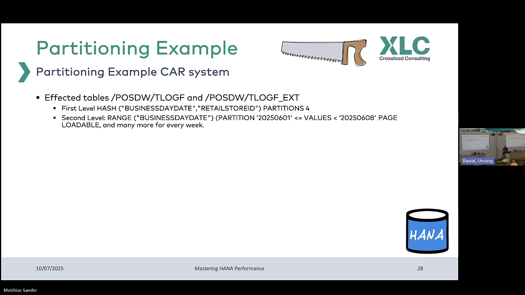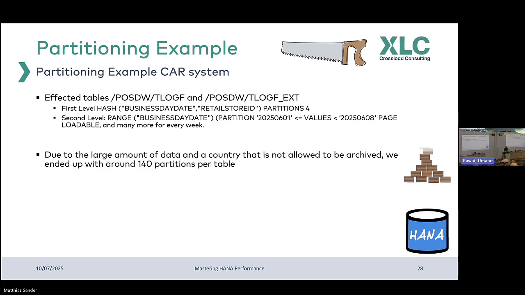On the first level, we used hash because we have more than 2 billion records per week. That's the reason why we use a hash 4 at the first level. And on the second level, we use a range for 1 week. That was the only possibility to have a partitioning which matches the high amount of data written into those two tables every week.